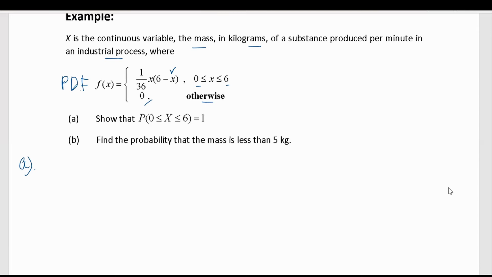Like I emphasized just now, the property of the PDF: if you integrate it from 0 to 6, the lower and upper limits of this function, then we are supposed to get 1, because the total area under the graph is the probability. So I multiply in the x.